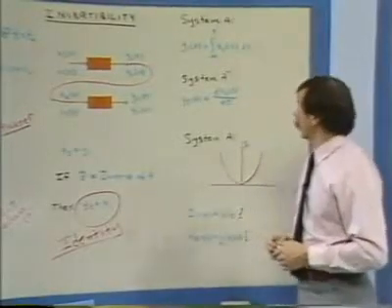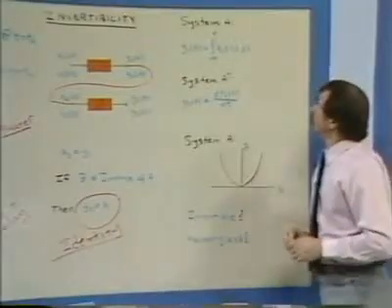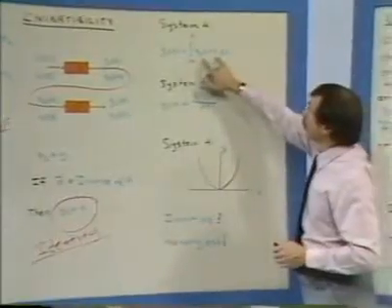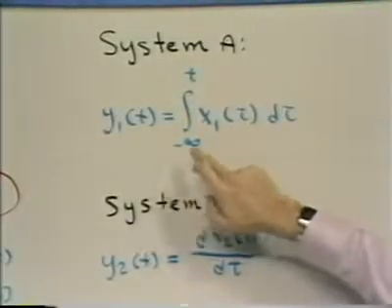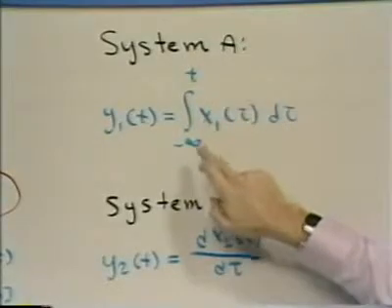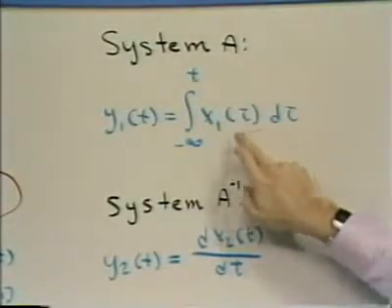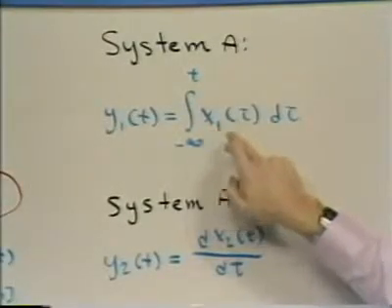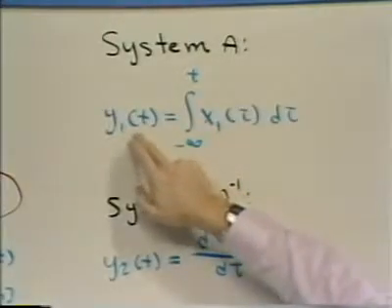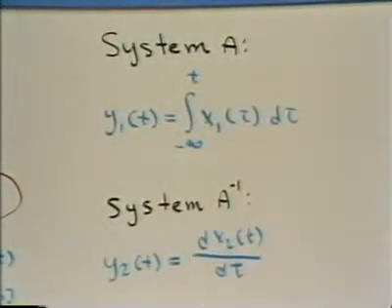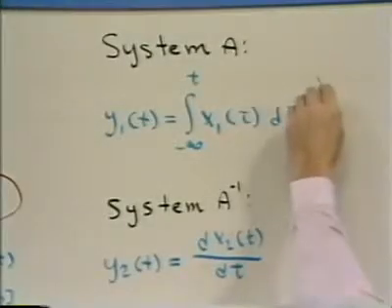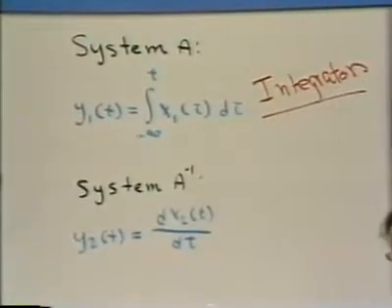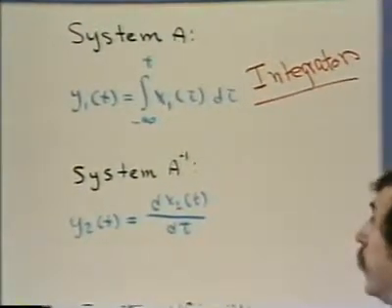So let's look at some examples. If we had system A, as I've indicated here, where now the output is the running integral of the input. And remember that we saw the running integral when we talked about the relationship between steps and impulses. If this happened to be an impulse, then the output would be a step. This system is referred to, of course, as an integrator, since the output is the running integral of the input.